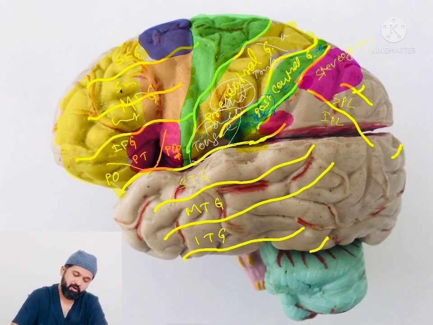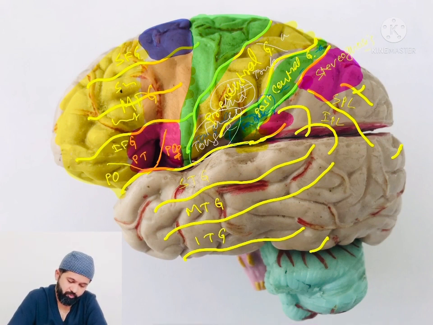Now these sulci turn upwards and reach up to the parietal lobule. We have a gyrus in a curved fashion around the posterior end of the sylvian fissure and around the superior temporal sulcus.